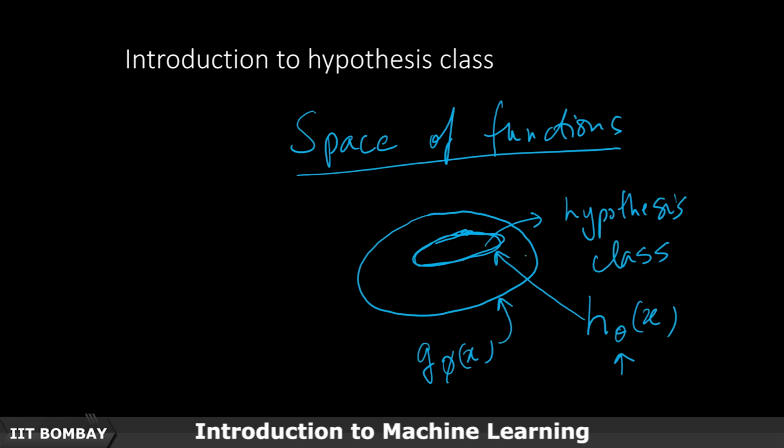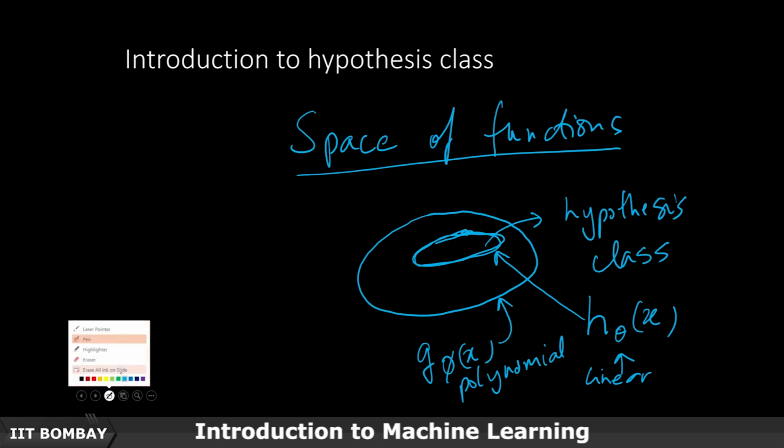So that's possible. For example, this could be linear, and this could be polynomial. So polynomial is a superset of linear. Okay. And it's also possible that we have an entirely different set of hypotheses which may or may not overlap with these classes.